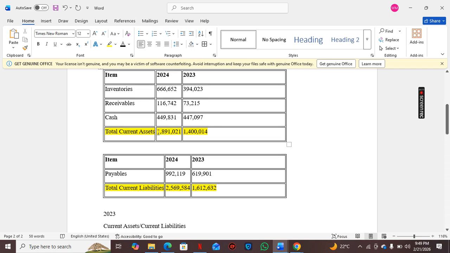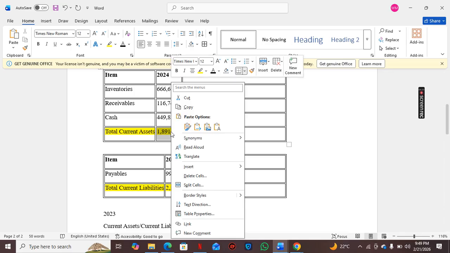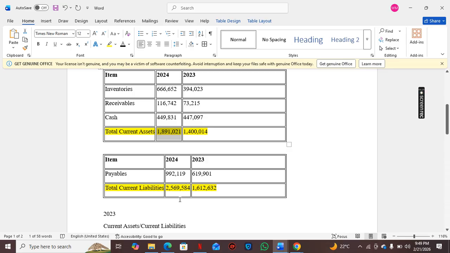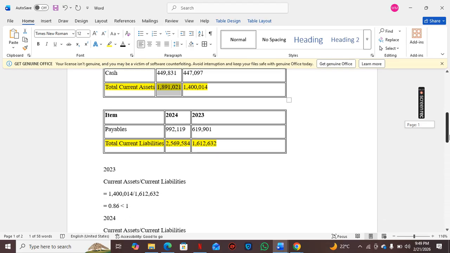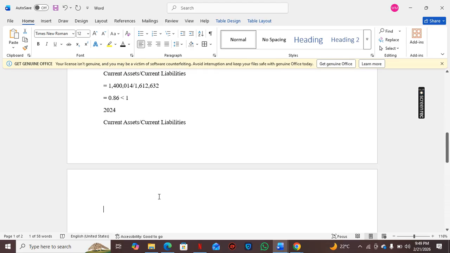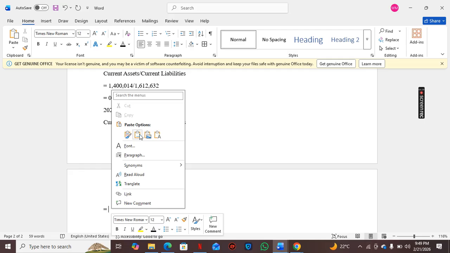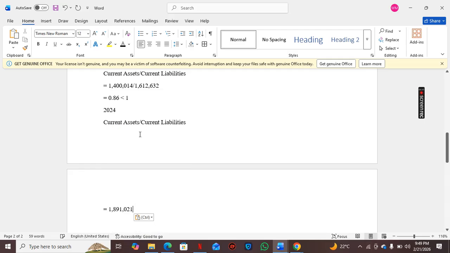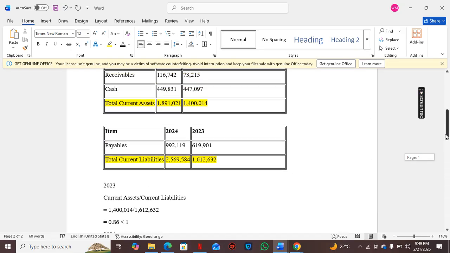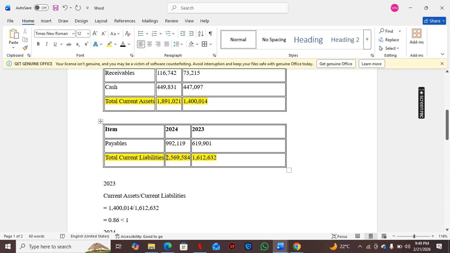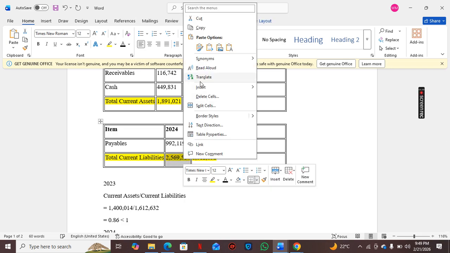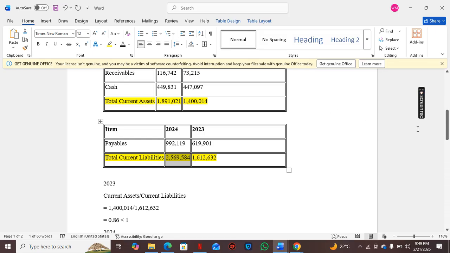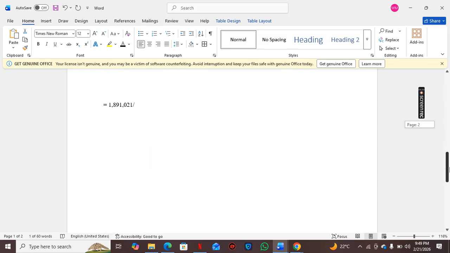Current assets 1,891,021, divided by current liabilities 2,569,584. So we can see our current liabilities are still greater also in 2024.